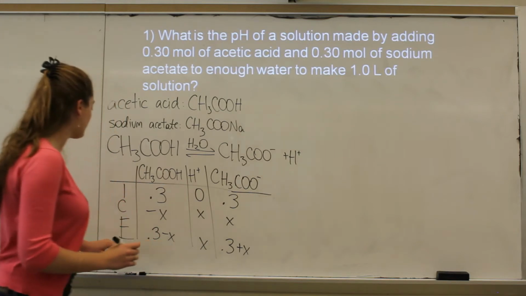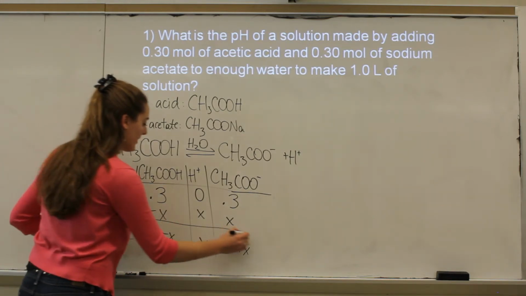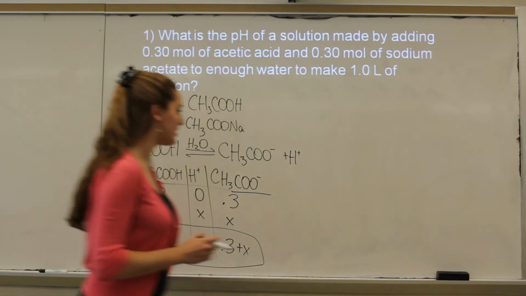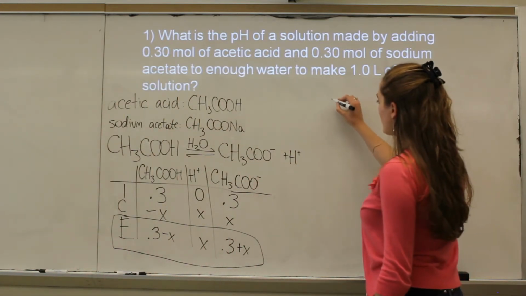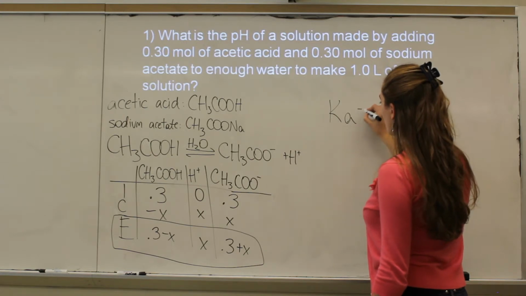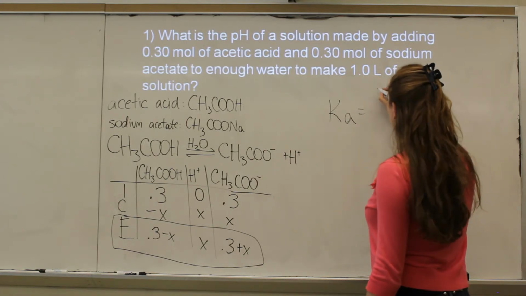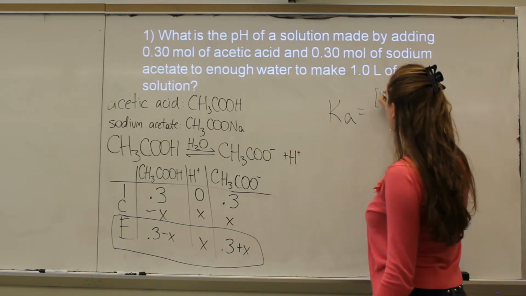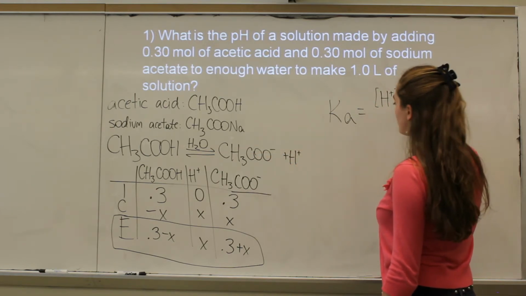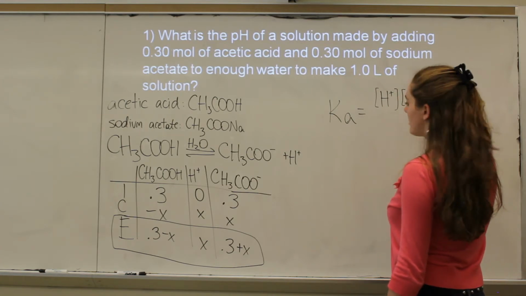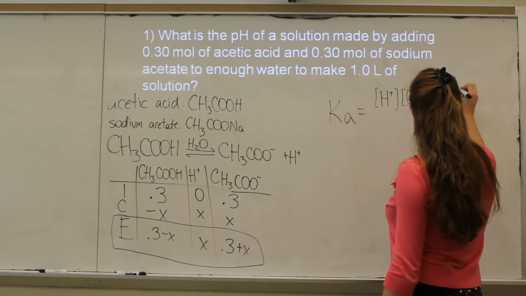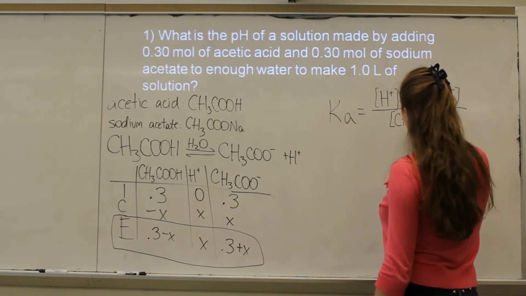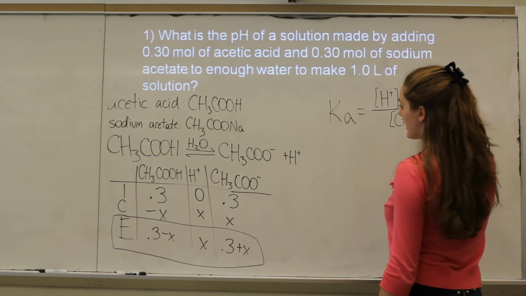So now that we have these values, really the equilibrium values are all that matter, we can move on to actually solving for the concentration of hydronium. And this equation is Ka, which is a given value, equal to the concentration of the products, which we know are these right here, so hydronium concentration, over the concentration of the reactants, which in this case is acetic acid.